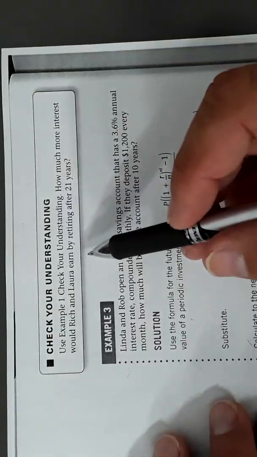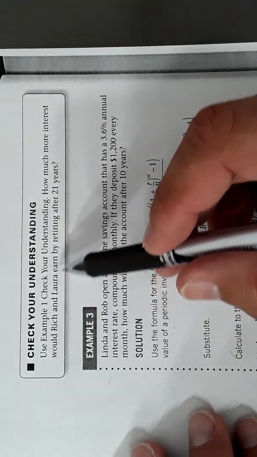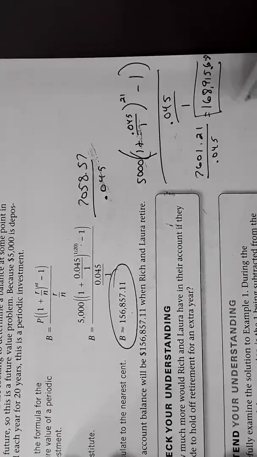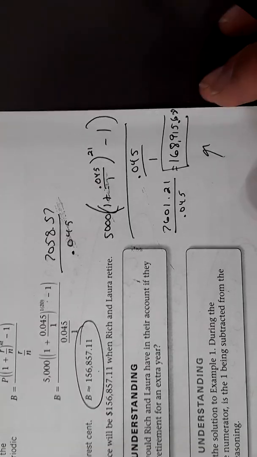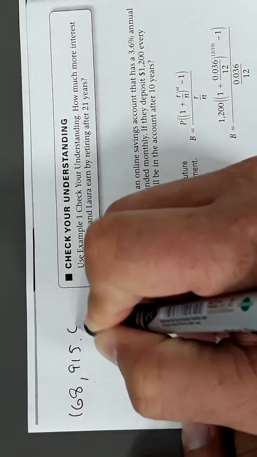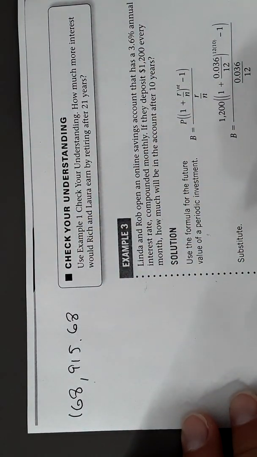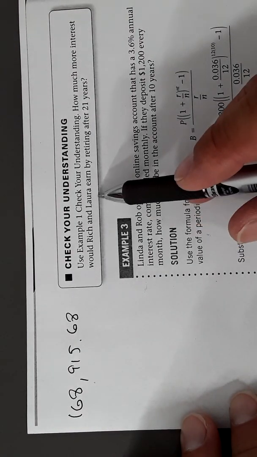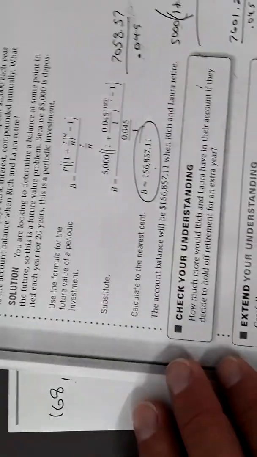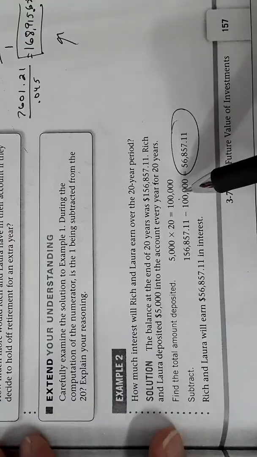Now, how much more interest would Rich and Laura earn by retiring after 21 years? Well, in 21 years, we just found that amount, 168,915.68. That was their account balance. How much more interest would they earn in retiring 21 years? Well, in 20 years, they deposited $100,000.